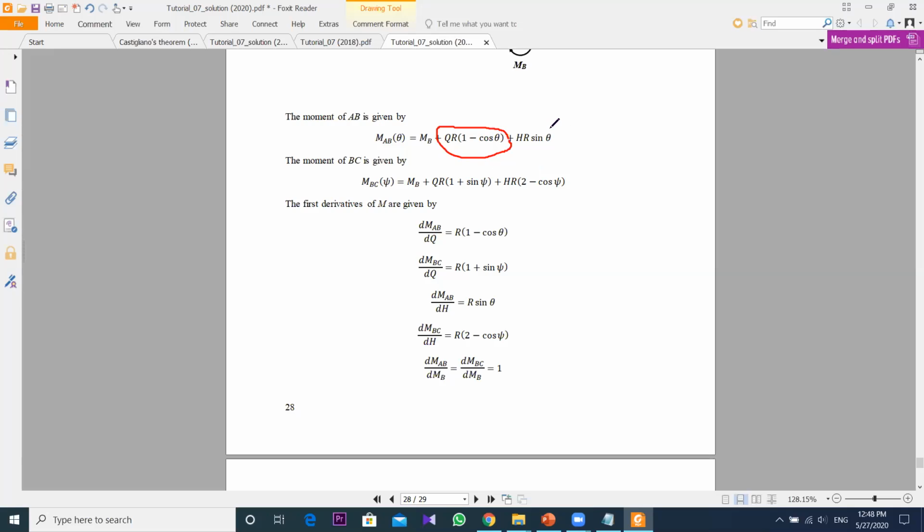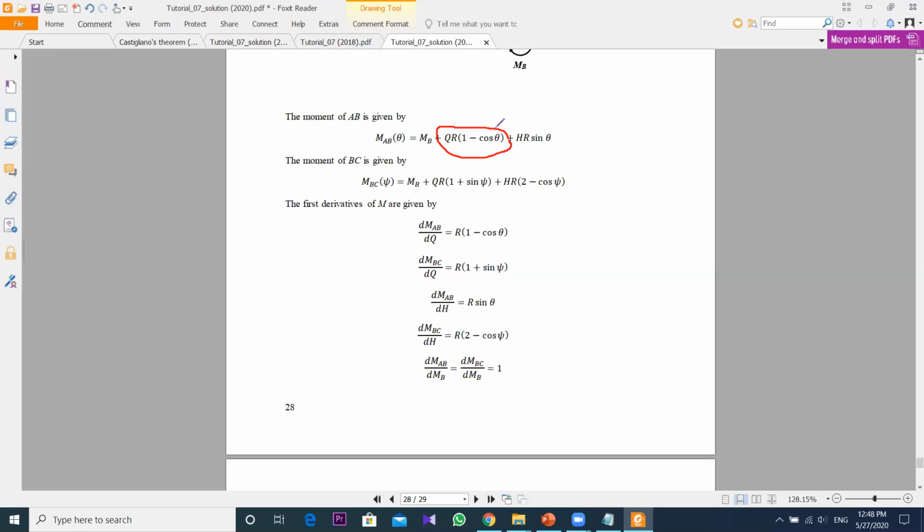The QR into 1 minus cos theta. How can we obtain this? The red color, the circled one, no?